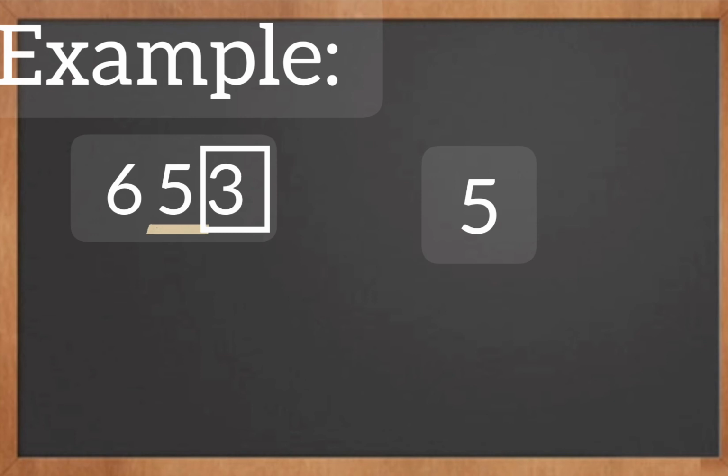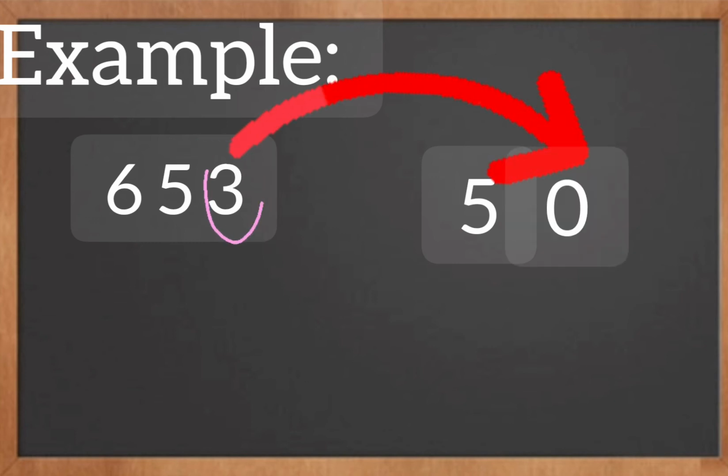Now, step 4. Turn the remaining numbers to the right of the underlined number into zeros. So the number to the right is 3. So we are going to turn that number into 0. But don't forget the 6. We are not using it right now because we are not rounding off to the nearest hundreds.